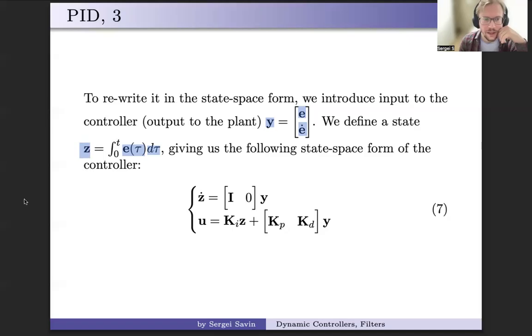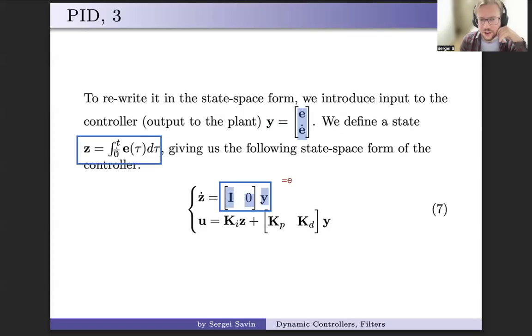So this integral part, we'll call it the state z. Now, what we can say is that y, so e dot, is multiplied by identity and 0, so this whole expression here becomes e. That is equal to z dot.